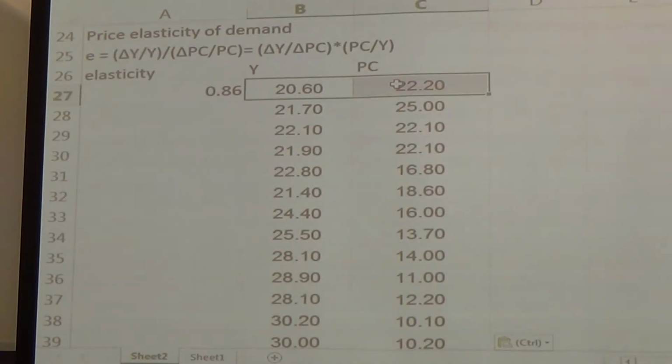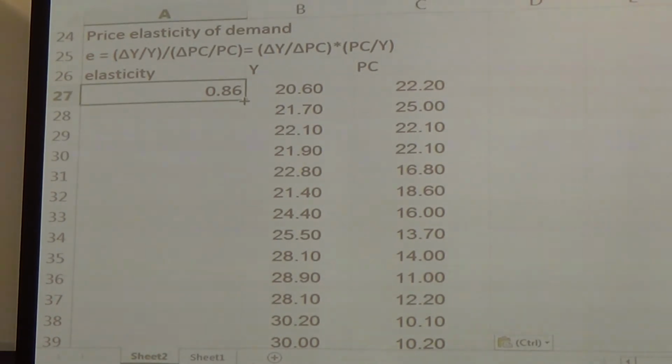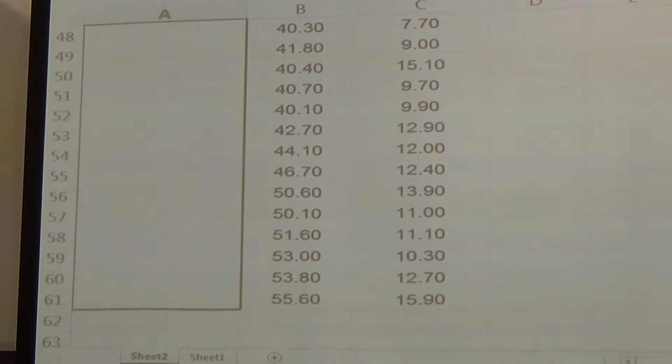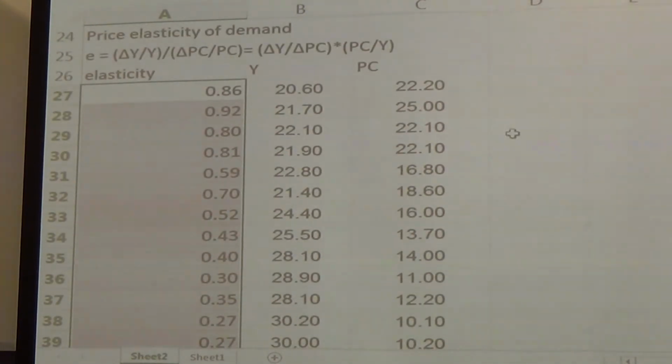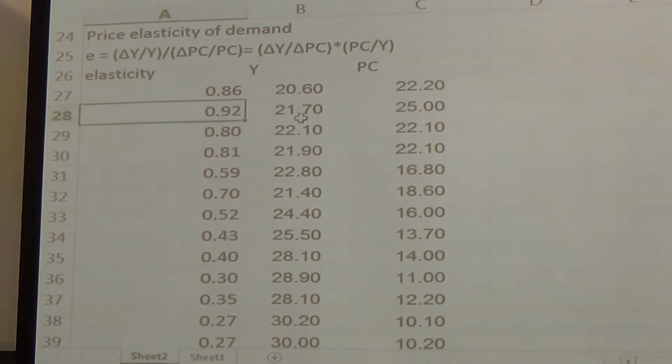Let's see. So at this point, the price elasticity of demand is 0.86. So it's actually inelastic. When you pull it down, you get all the associated price elasticity of demand.